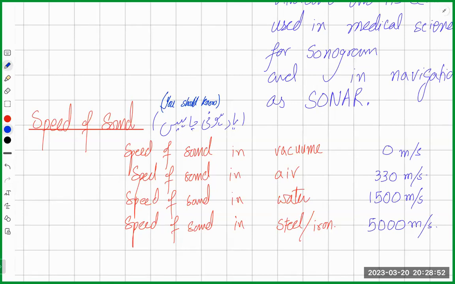Other than these, one more speed that you have to remember is speed of light. Speed of light is 3.0 into 10 to the power 8 meters per second. Okay, so these are the things you need to remember, because examiner can simply ask, what is the speed of sound in air? What is speed of sound in water?